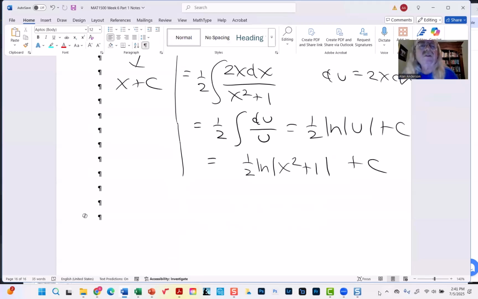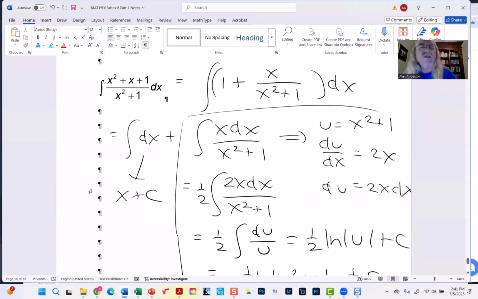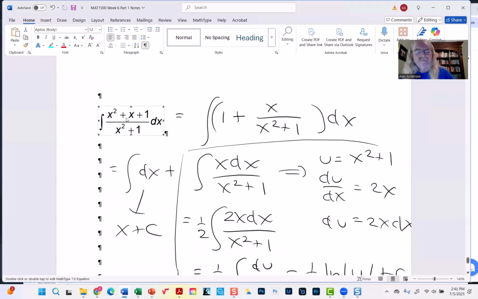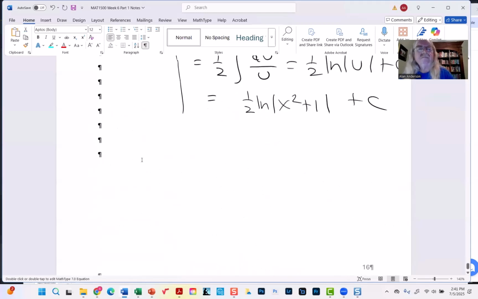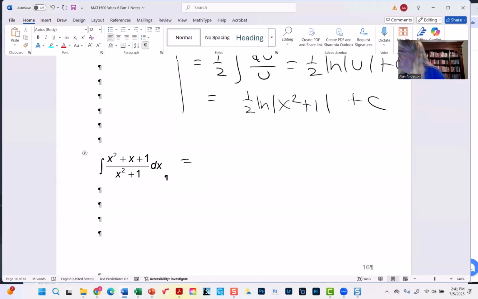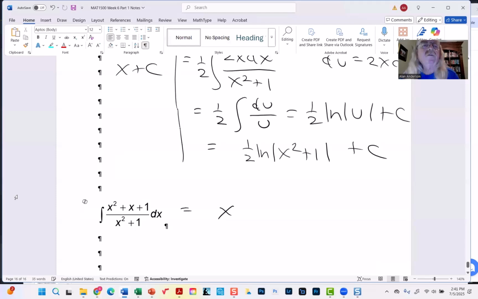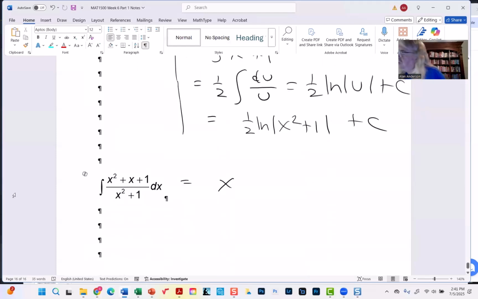Okay, so when we're done, the final result will look like this. From the first term, we'll have x. The second term is 1/2 log of x squared plus 1, plus c.